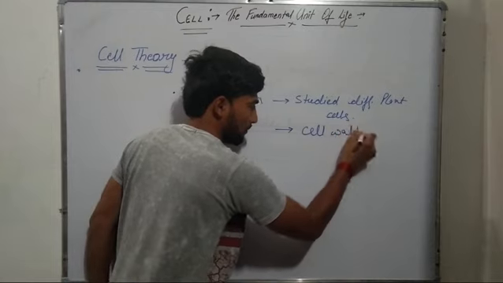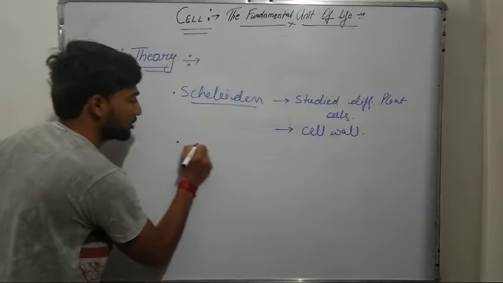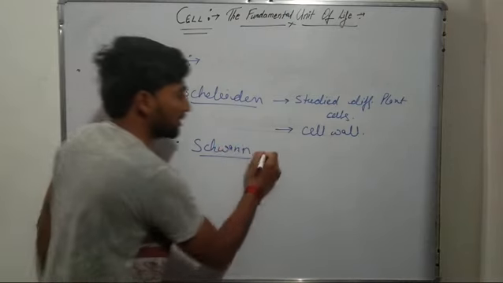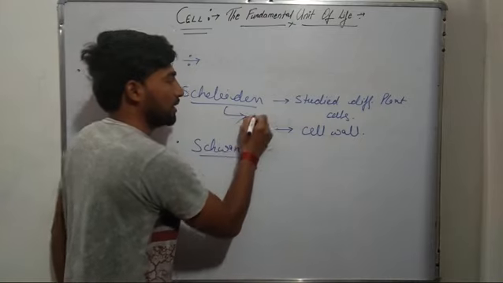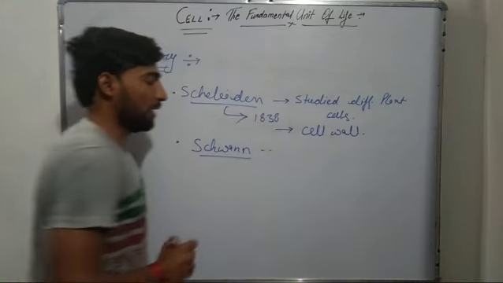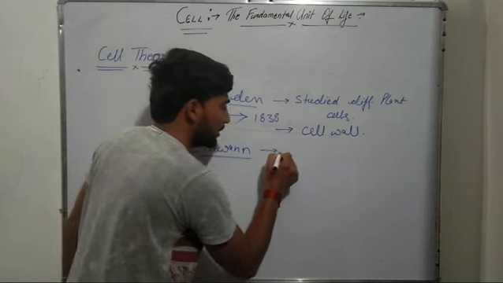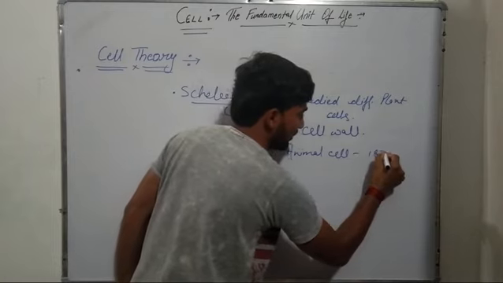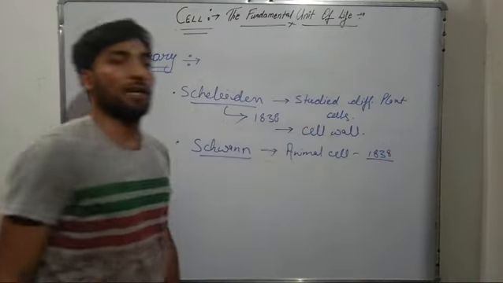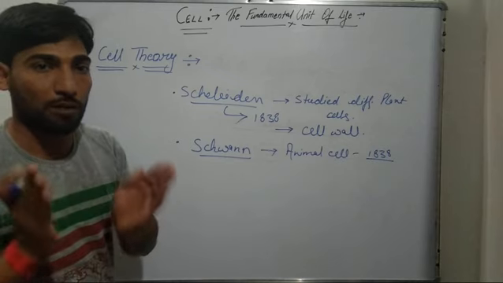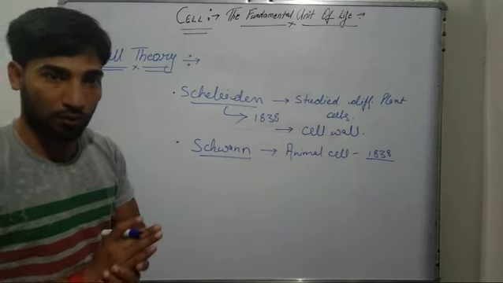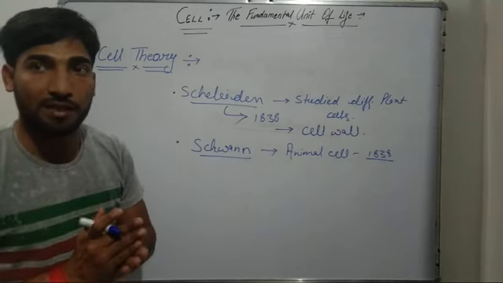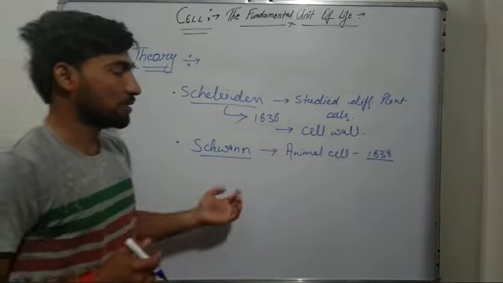Now another scientist, Schwann, in the same year, 1838, also studied the animal cell, and he found that the animal cell is not bounded by a cell wall. It consists of a cell membrane that includes a nucleus inside it, but it lacks the cell wall.